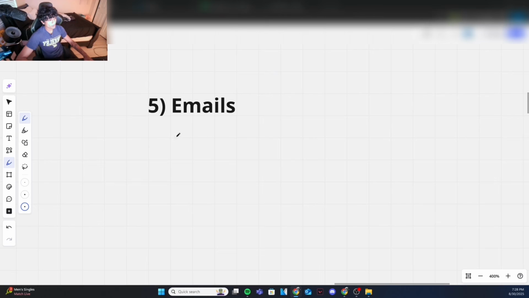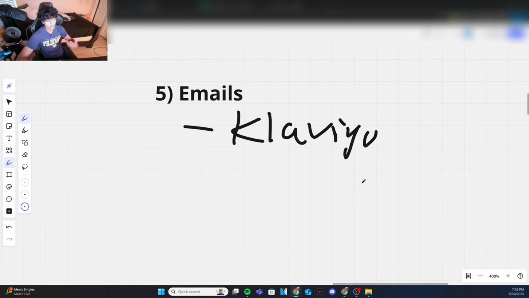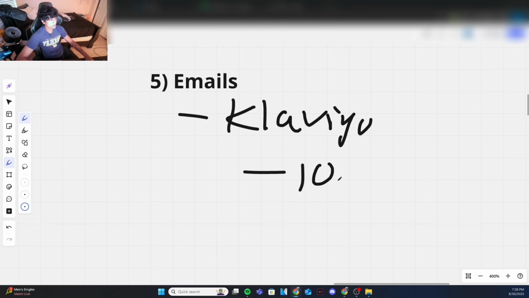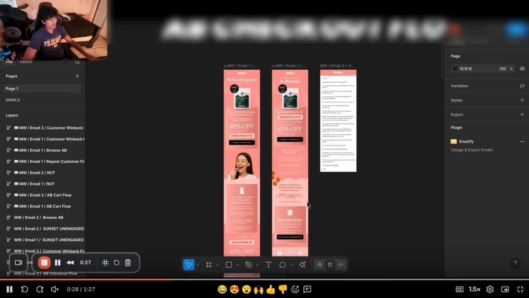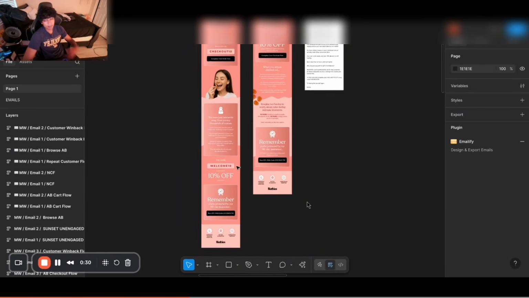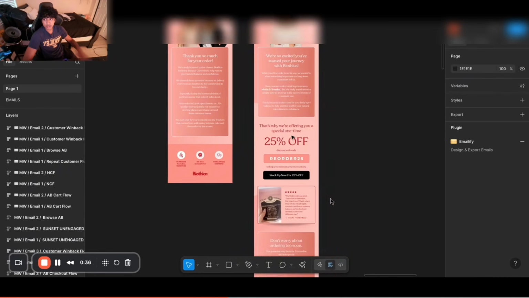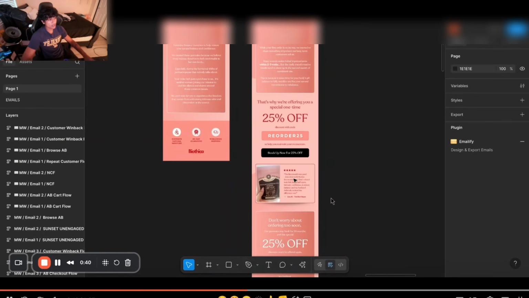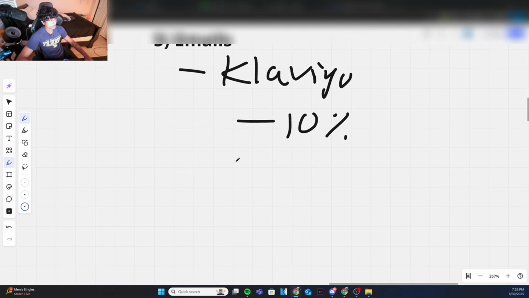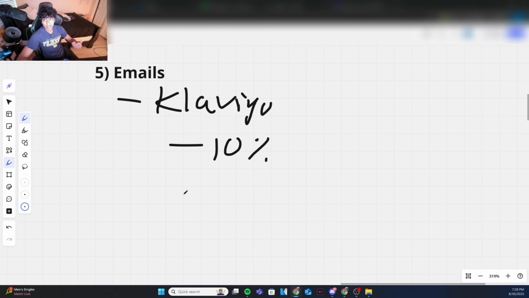And then emails as well. You can use Klaviyo and stuff. Just start collecting emails and offering discounts and stuff. And this email list should give you 10% extra bottom line revenue. This is kind of an example of what an email flow would look like. You can pay an agency to get it set up, or you can just do a basic one yourself. But it's really important because emails usually give you a good bottom line revenue because people that haven't bought basically get bombarded with a bunch of sales emails.